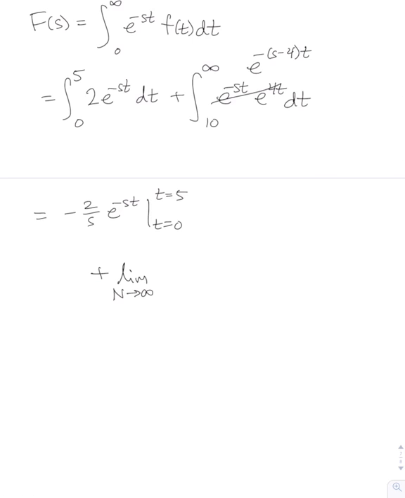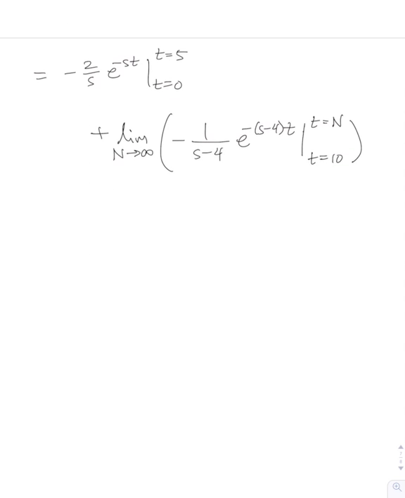I'm going to do that integral here all in this same step. So for my antiderivative, I've got negative 1 over s minus 4 times e to the negative s minus 4 times t. And then we're evaluating that from t equals 10 to t equals n.